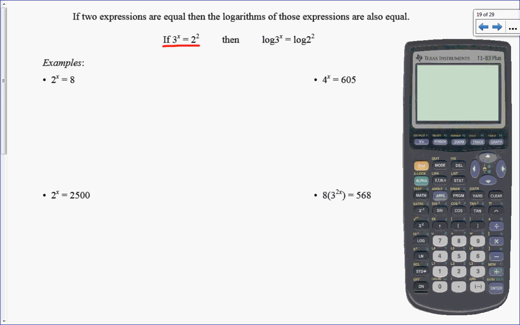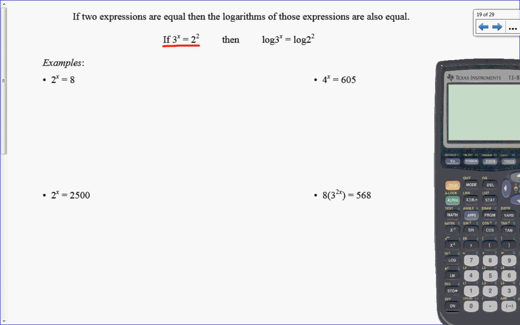So let's make ourselves a note at the top of your page about that. Let's just say that this is often useful for solving exponential equations that can't be written with a common base. Okay, so make a note up here.